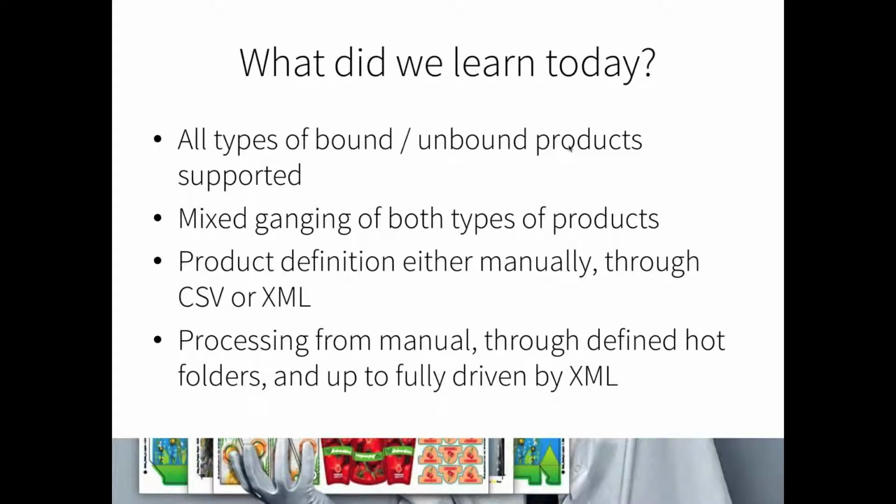And then as the last step, we looked at how you can, using ImpFlow instead of IMP, set up hot folders, and in those hot folders either define in the hot folder setup the actions that need to be taken, or how you can create an XML file that defines both the product and the actions to be taken. Okay, let me look at questions.